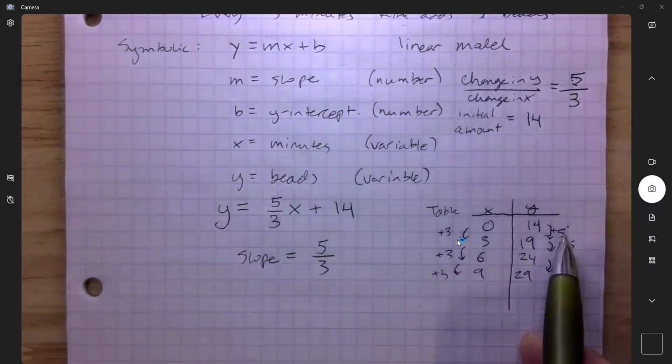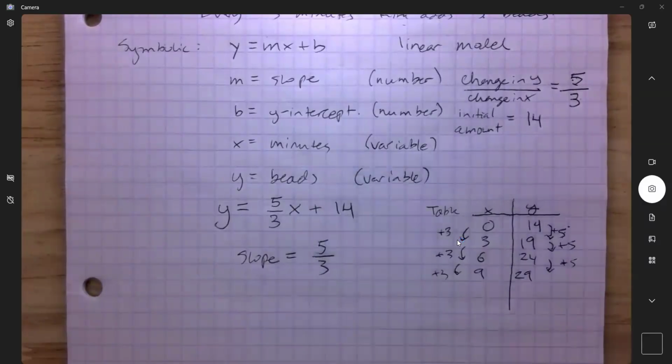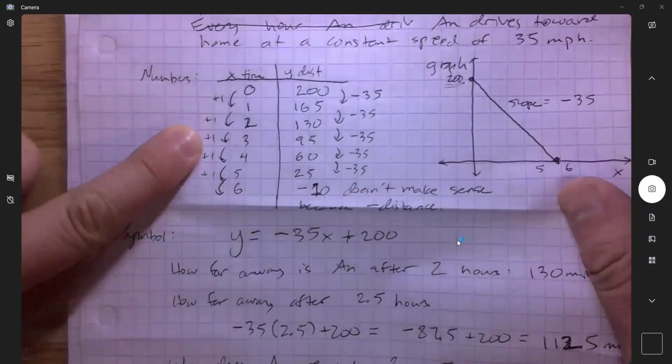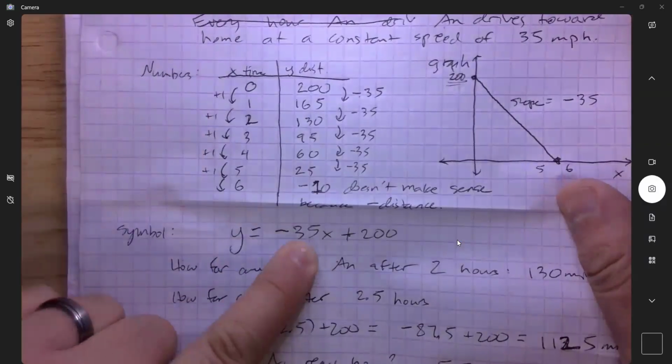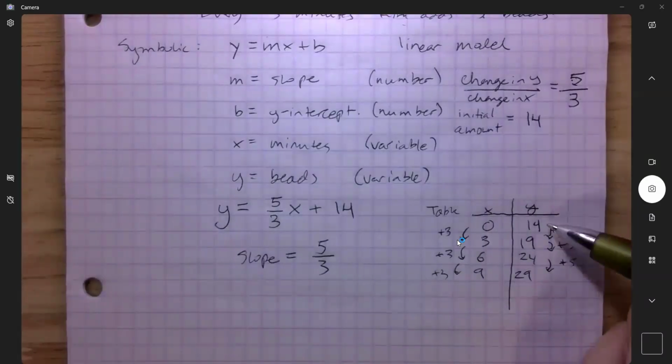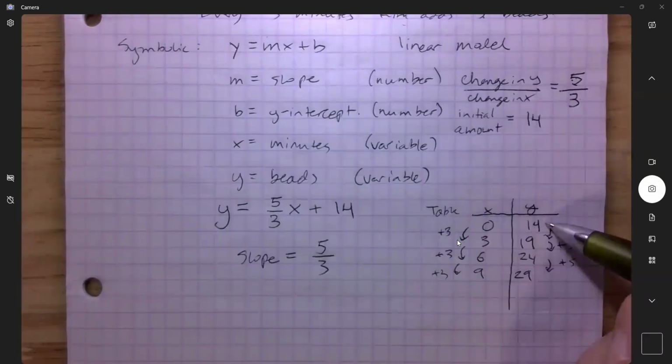You just have to remember it's the change in y divided by the change in x. In our earlier examples, the change in x was 1 every time, and so it made it really easy to find the slope. But even when the change in x is not 1, we can still find the slope. And then the y-intercept, we still read off when x is 0, y is 14.